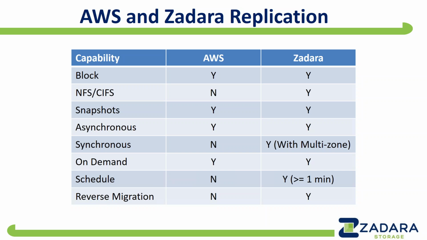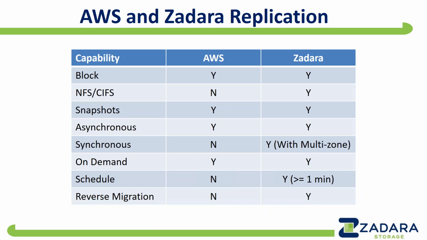Another thing that we support is what we call reverse migration. Since we keep track of all the snapshots between both data sets, if you break a mirror, which is a term we use to separate the source and destination, the destination can take over as a disaster recovery site.